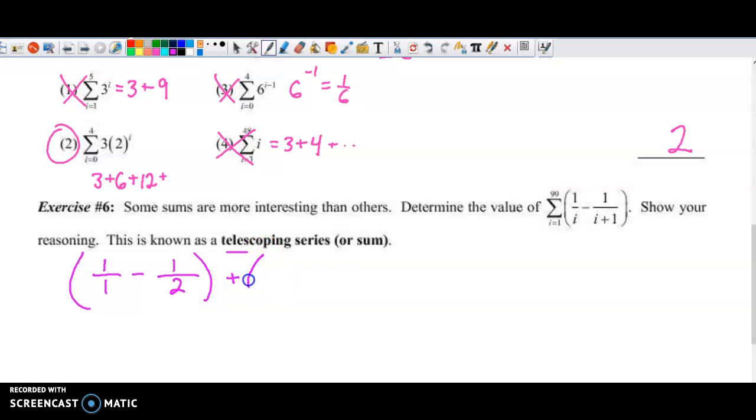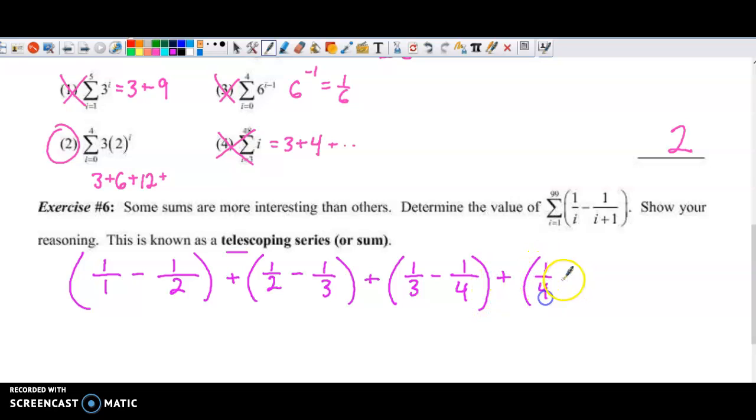But then we go to the next term, which would be 1 over 2 minus 1 over 3. And then we go to the next term, which would be 1/3 minus 1 over 4, since 3 plus 1 is 4. Do you see something happening here? I'll write one more.